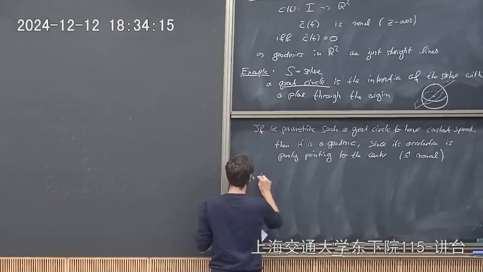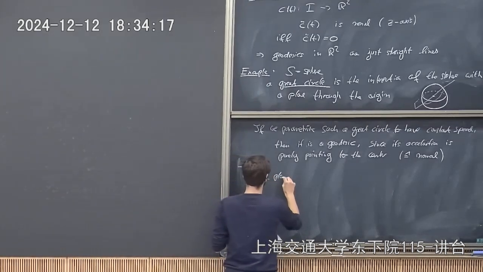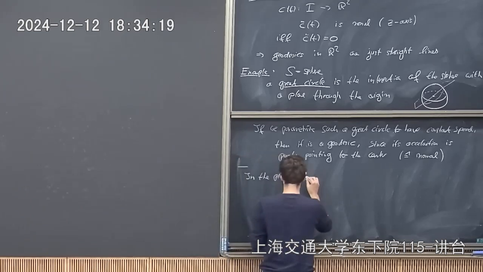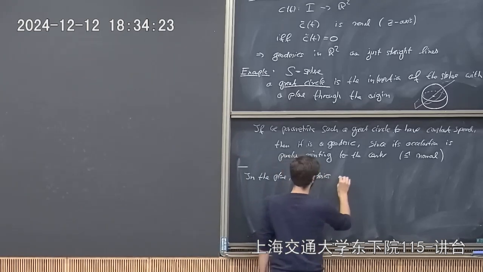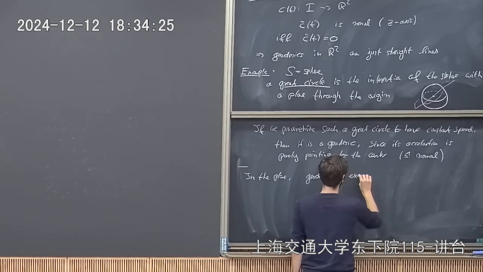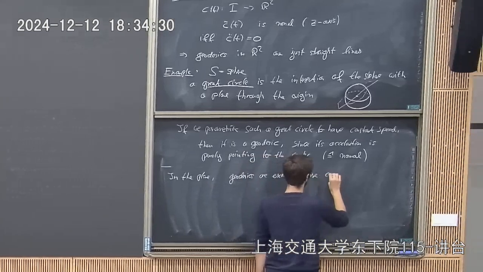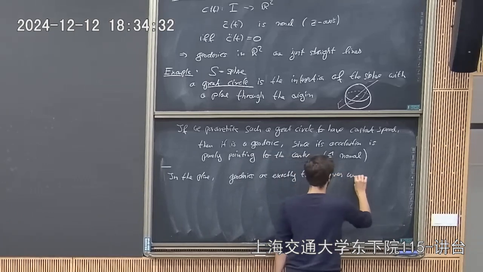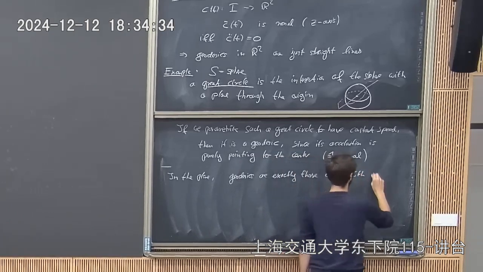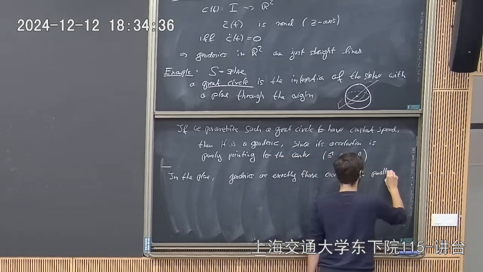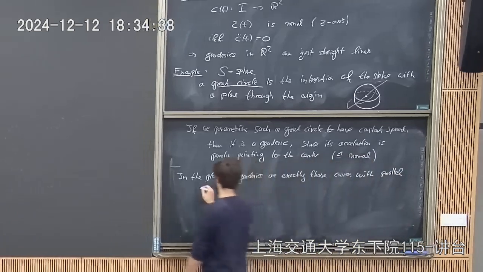So in the plane, geodesics are exactly those curves with parallel tangent vectors.